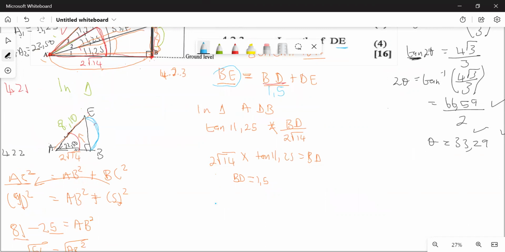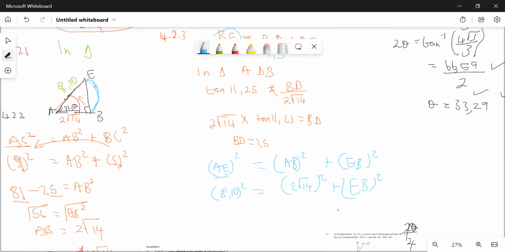So AE all squared is going to be AB all squared plus BE all squared. AE is 8,10 all squared, which is AB, 2 root 14 all squared, plus EB all squared.